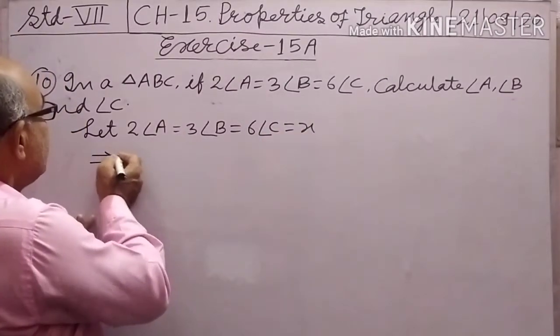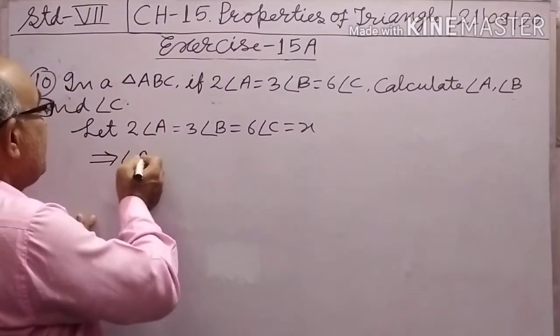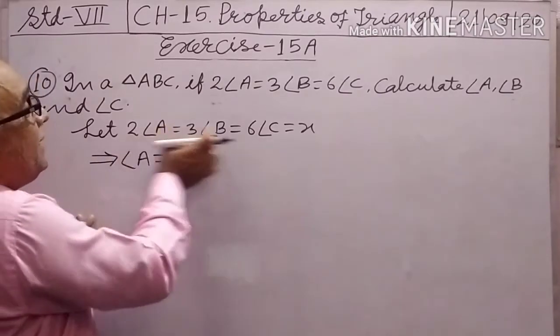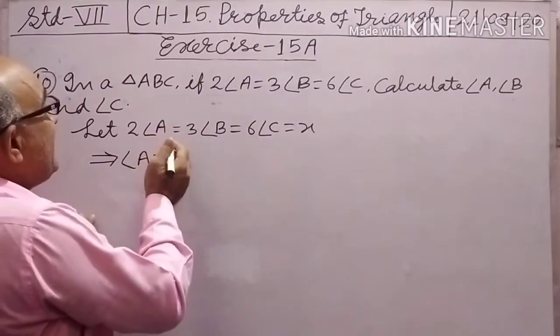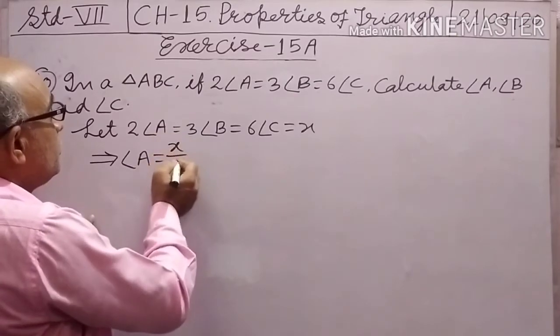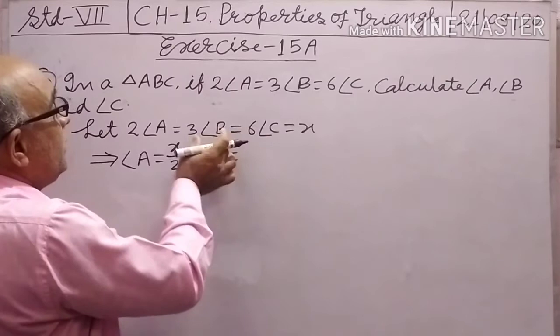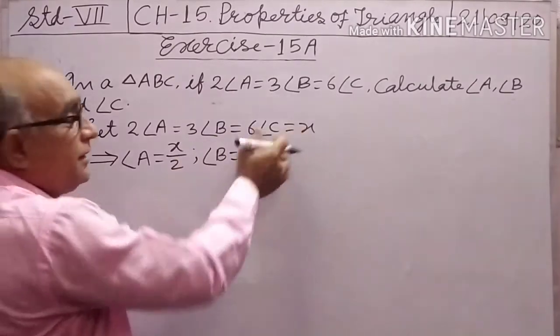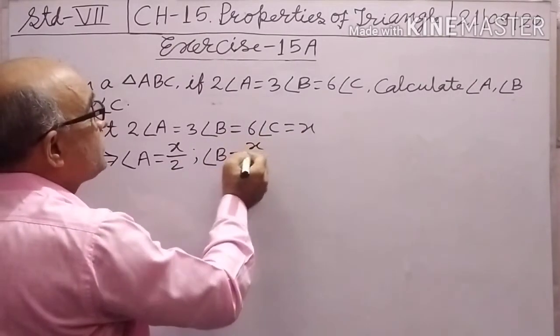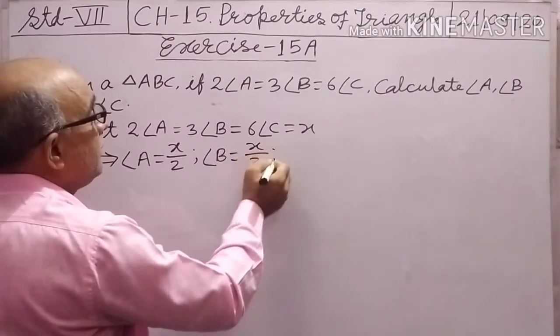That implies 2 angle A equal to X, so angle A equal to X by 2. Next, 3 angle B equal to X, then angle B equal to X by 3.